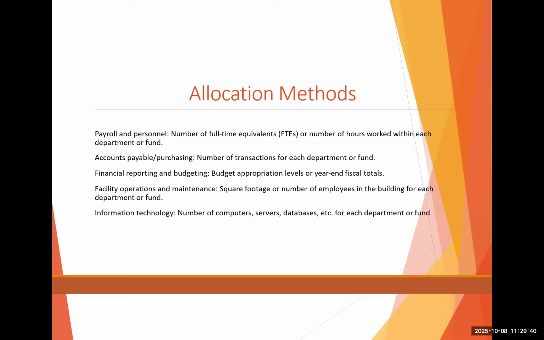It could be similar for finance staff who are really dedicated to someone with a lot of complex federal funding versus a program with more unrestricted funding. Those are the kind of things I would encourage you to think about for your cost allocation. Does it make sense, right?